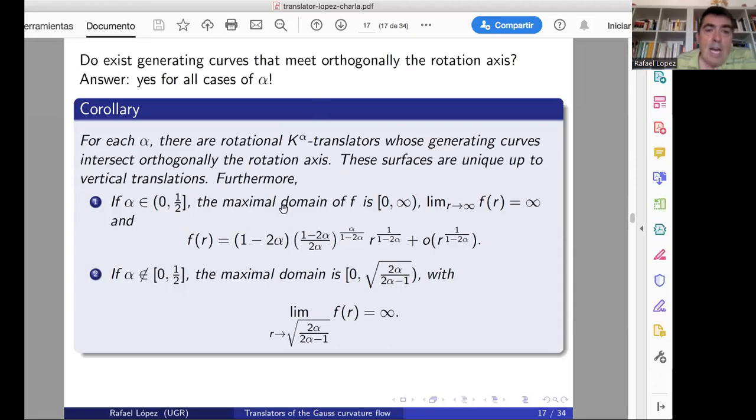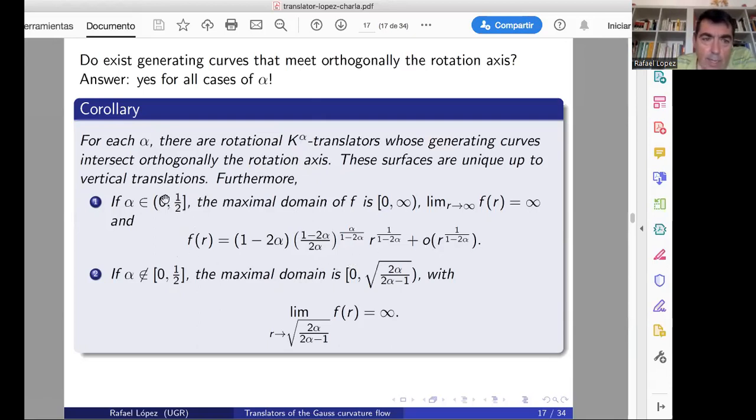Our result says that for any alpha, there are solutions intersecting orthogonally the rotation axis. And we even obtain some behavior about the function f, when alpha is in this interval.